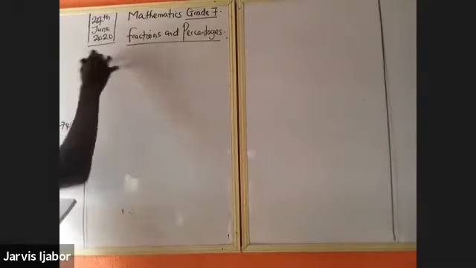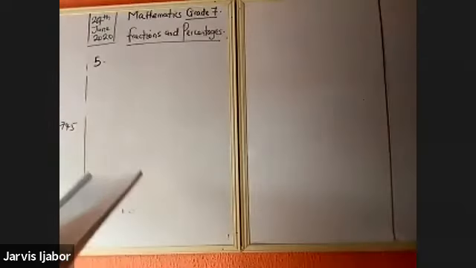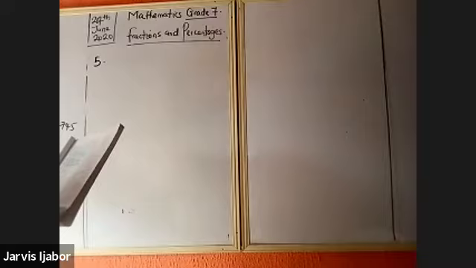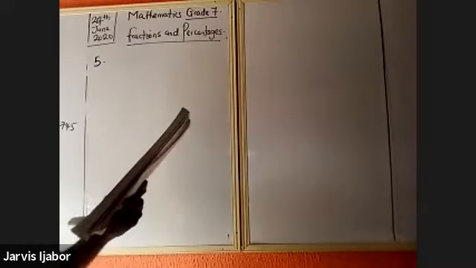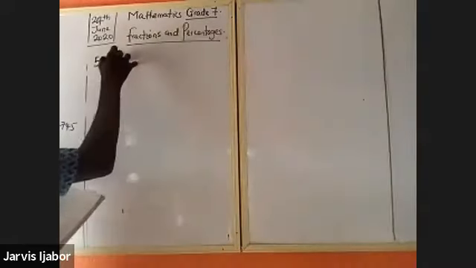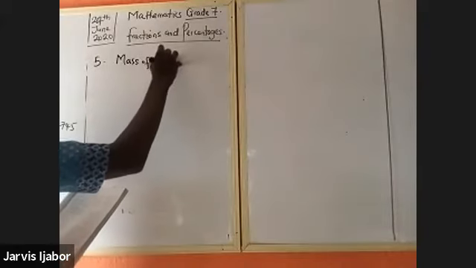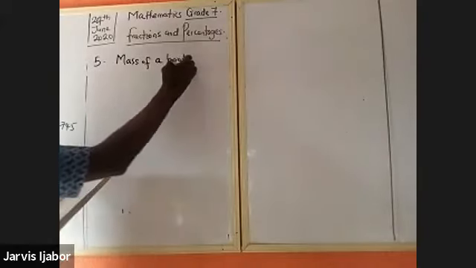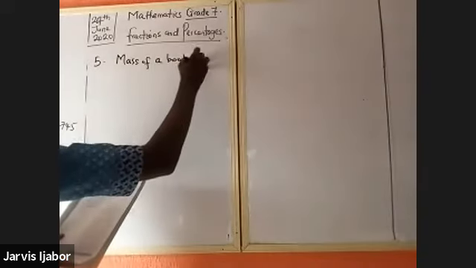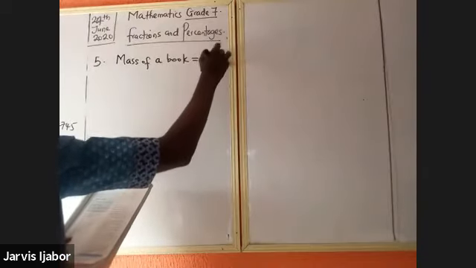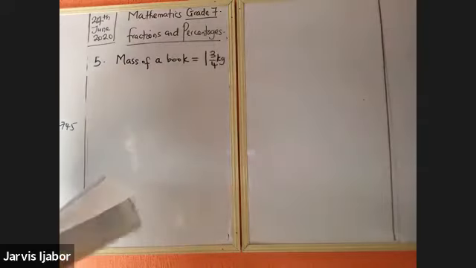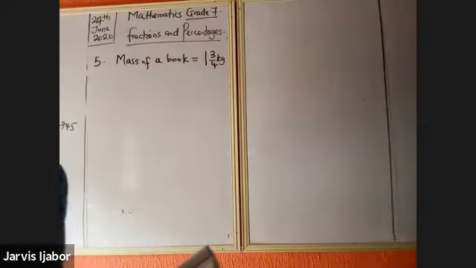Question 5. The mass of each encyclopedia book is 1 3/4 kg. Now, there are what? 20 books.